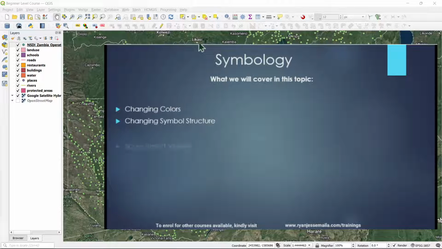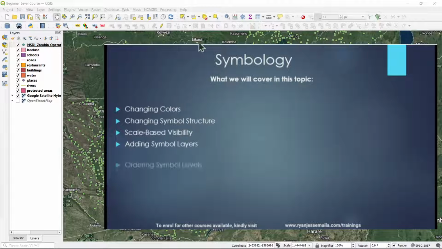The other one we'll look at is scale-based visibility, which is basically that at different zoom scales, you get to have certain layers visible and others not visible. The other thing is adding symbol layers.